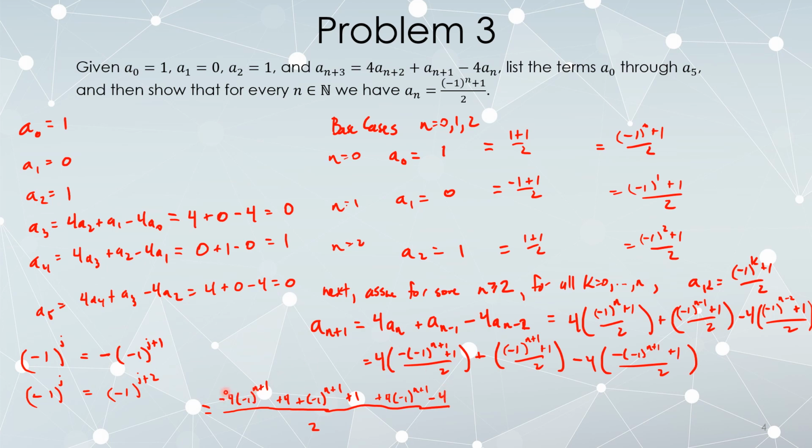Here I have -4 of a thing, and here I have +4 of the same thing, so those cancel. The only terms that remain are -1 to the n plus 1 plus 1 over 2, which is exactly what we wanted.